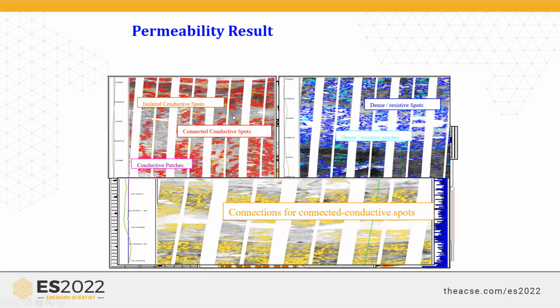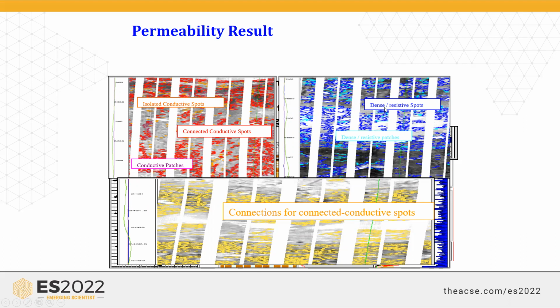Based on the heterogeneity in the reservoir, you can see here isolated conductive spots, which are not connected, and connected conductive spots. These red colors, and also the magenta or purple color, are conductive patches.